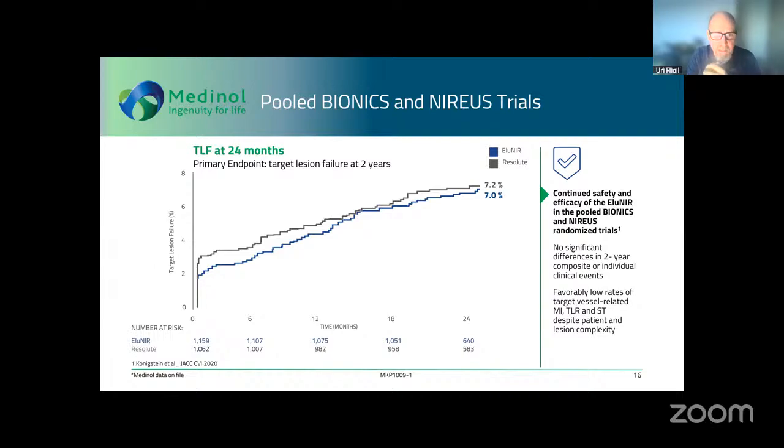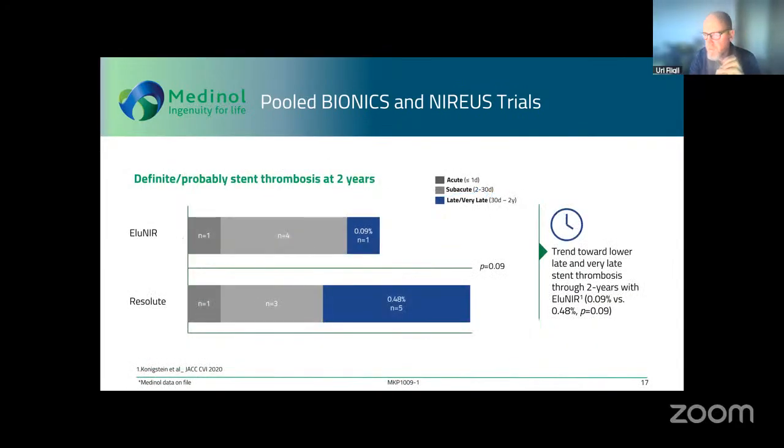As you can see, at 24 months the pooled data shows no significant difference between the Elunier and the Resolute. Moving to the safety profile with definite and probable stent thrombosis at two years. Again, this obviously was not covered by the study, but directionally you can see there is no major difference, or even slightly favorable results for the Elunier, especially in the late and very late stages.